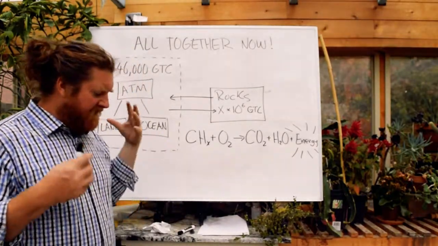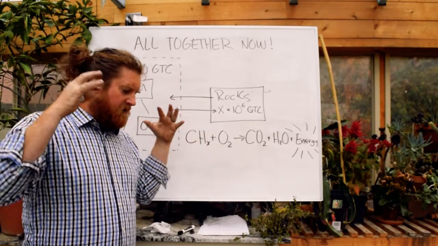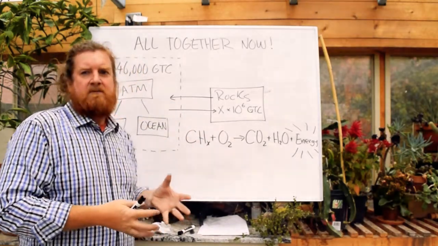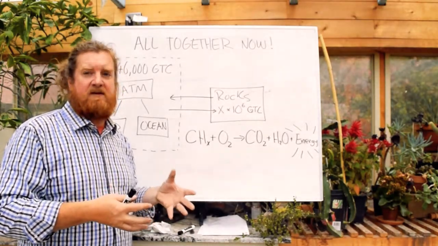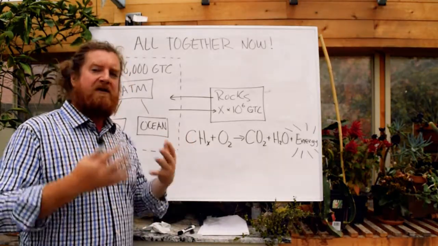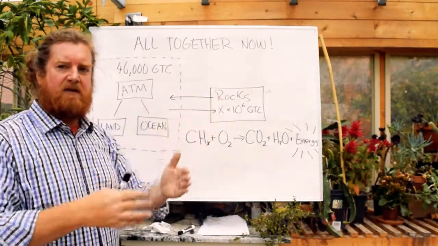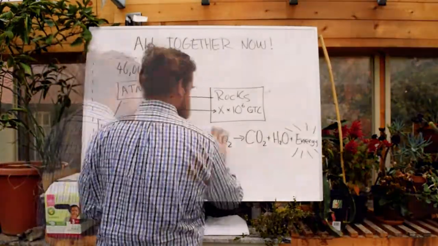So hopefully it doesn't take you too much to realize we've now taken long cycle carbon with a residence time of about 500,000 years on average, and we've actually pulled it out and added it directly to the atmosphere rather than letting that process play itself out.